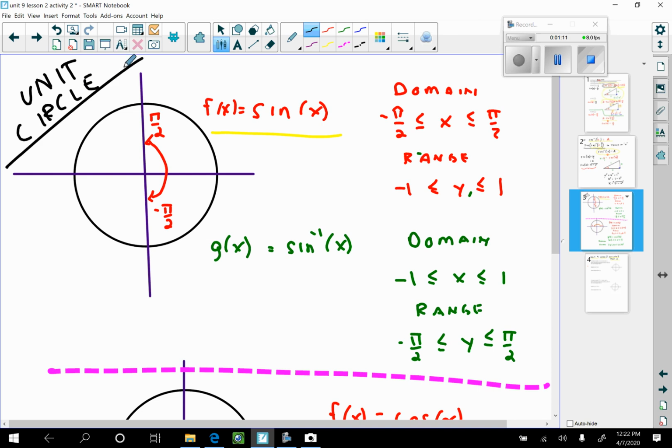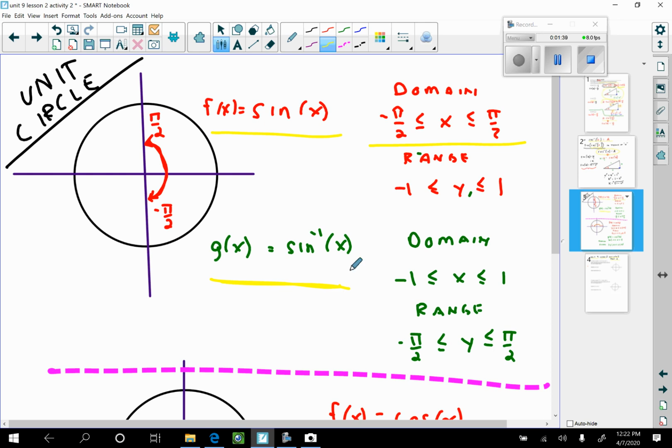The inverse of sine is only defined when we restrict the domain of sine from negative pi over 2 to pi over 2. That makes sine a one-to-one function, and therefore I can talk about the inverse.